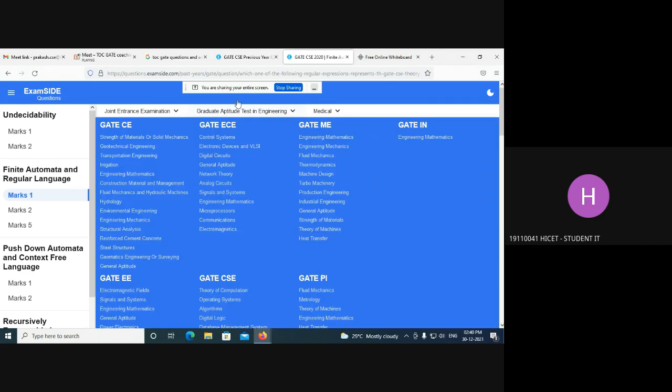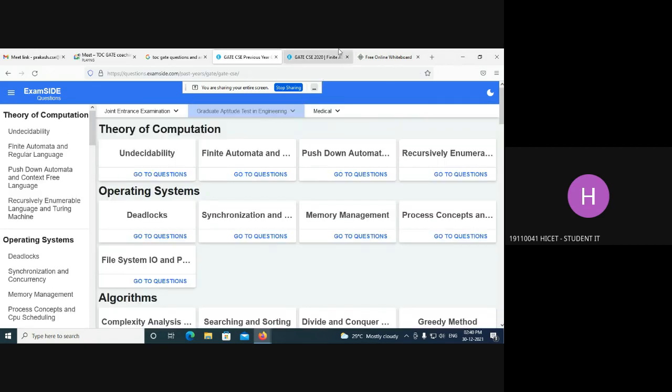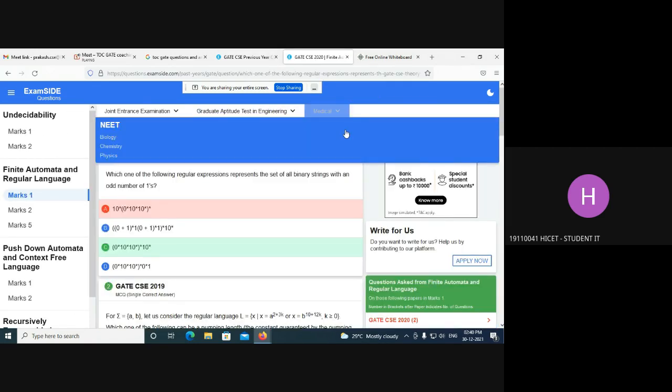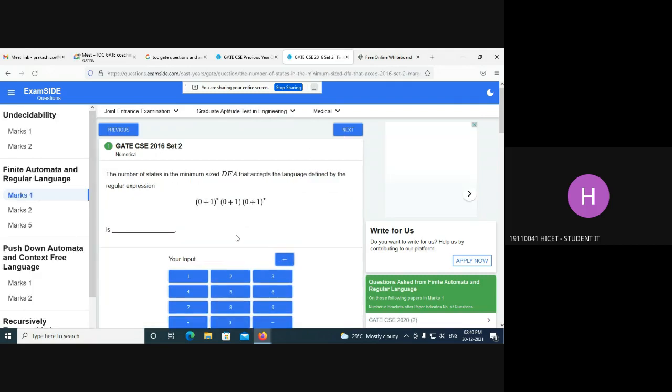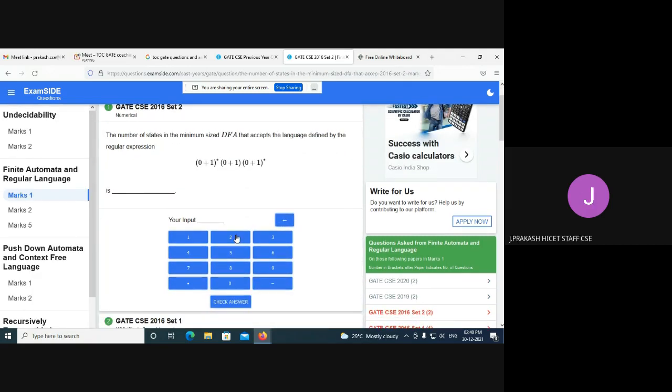Okay, let us have the next type of question. See here: the number of states in the minimized DFA that accepts the language defined by the regular expression. For this, first you need to know what a DFA is. What is DFA?